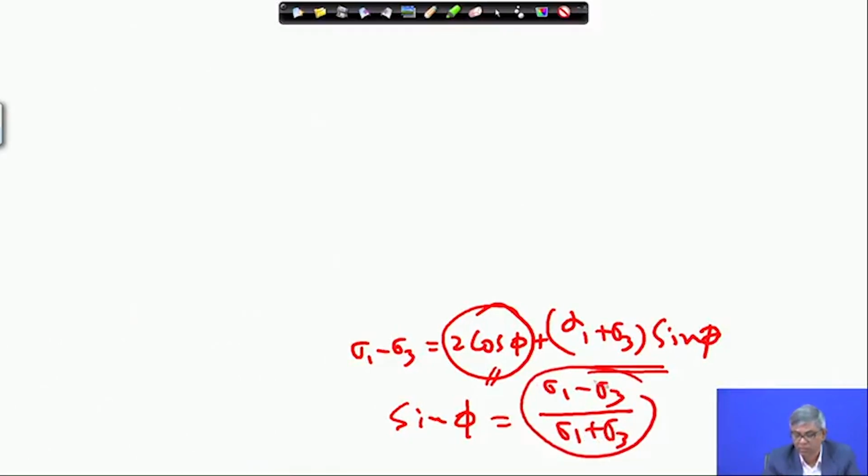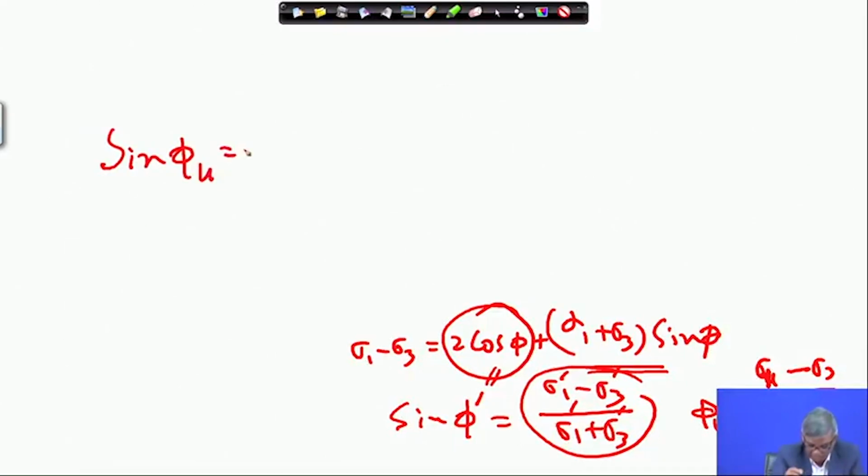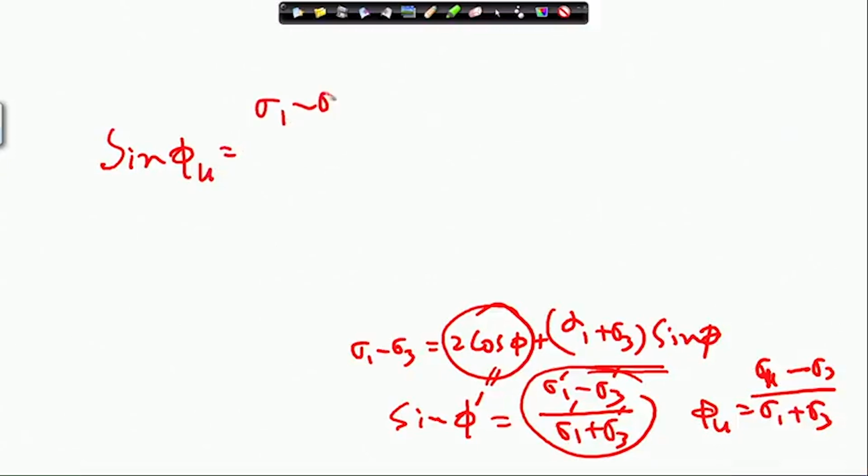When I use dash, all will be dash, that is effective stress, and when I use u, it will be sigma 1 total stress minus sigma 3 by sigma 1 plus sigma 3. So, if I use sin phi u, it is sigma 1 minus sigma 3 divided by sigma 1 plus sigma 3.